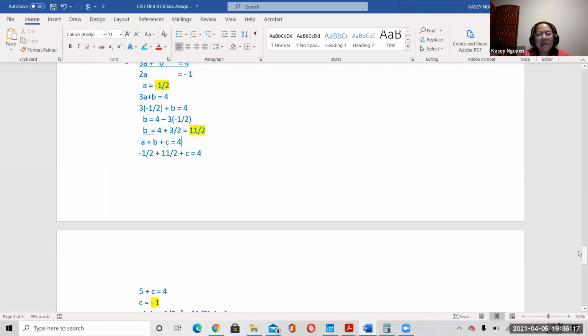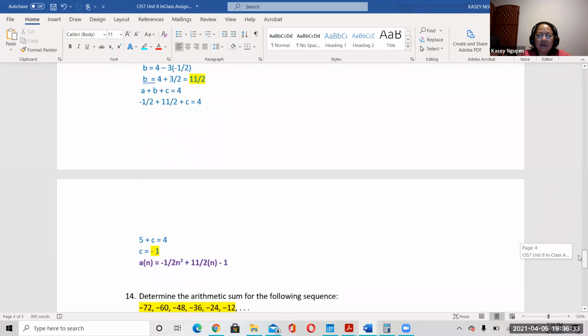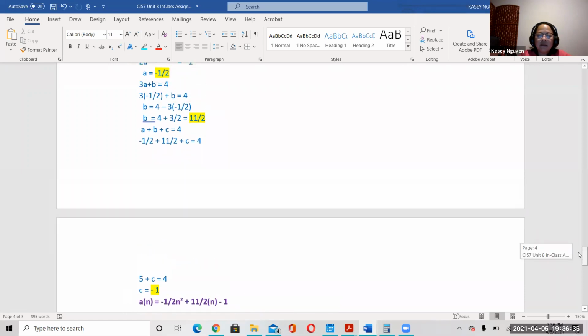Then we plug a, b, c into the quadratic progression equation. Then I would have a of n is -1/2 times n squared plus 11 over 2 times n minus 1.